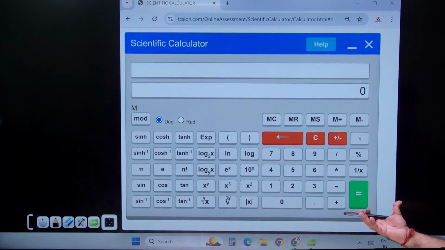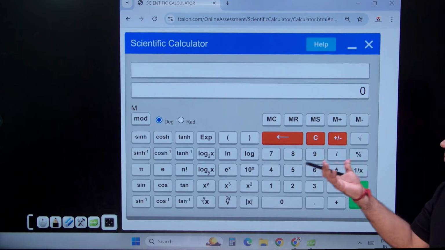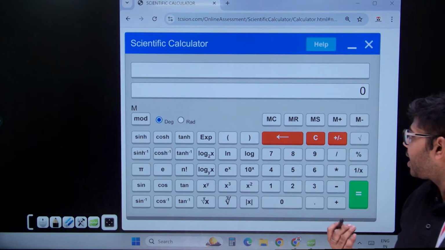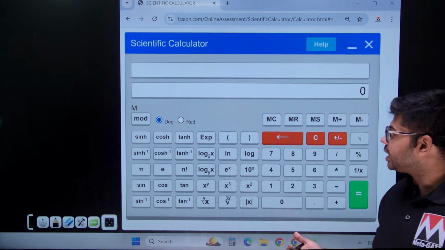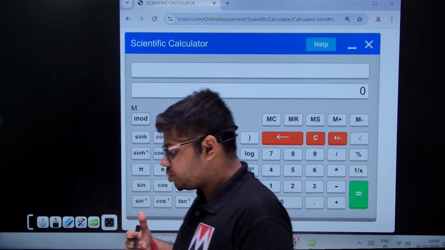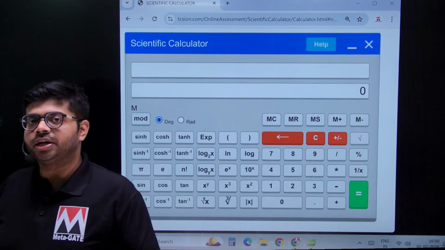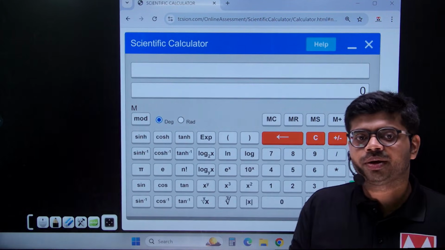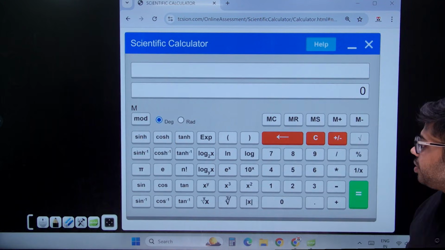Say for example, suppose I have got a big calculation, and I want to do that calculation without break. I don't want to calculate it part by part, rather I want to calculate it without break.